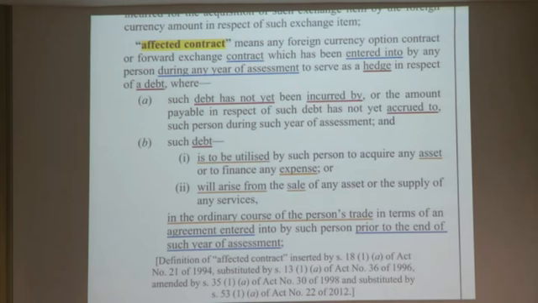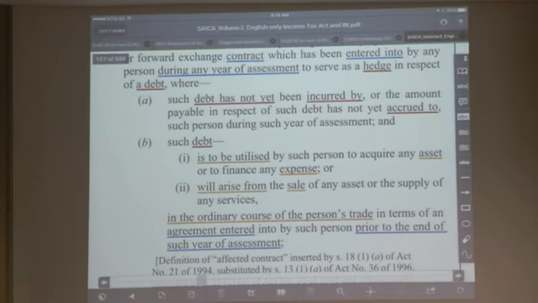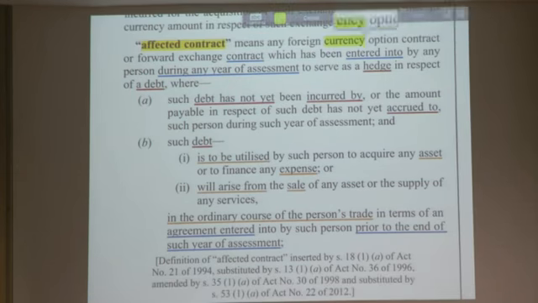So let's go through the wording carefully that you can see. It says, an affected contract means a foreign currency option contract or a forward exchange contract. So it is your hedging instruments.